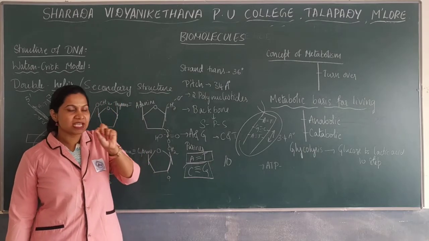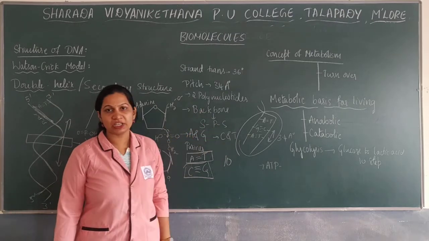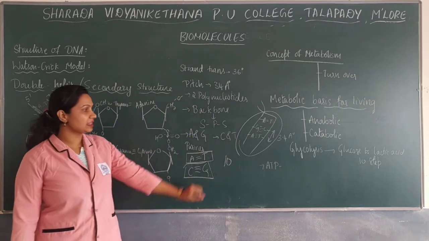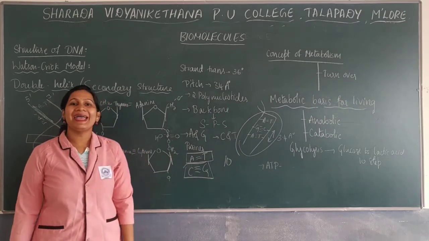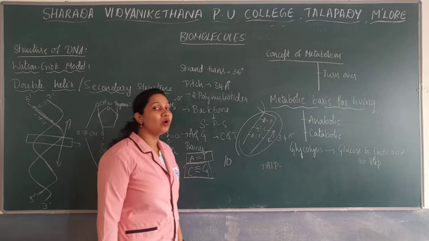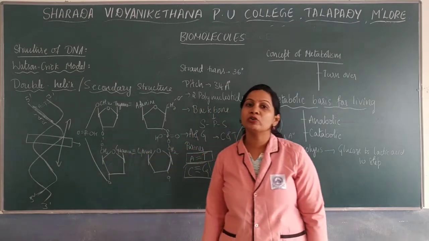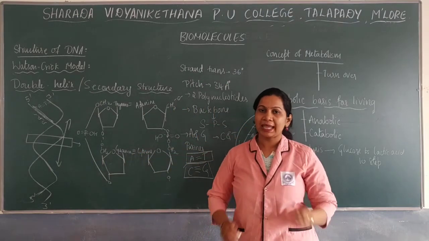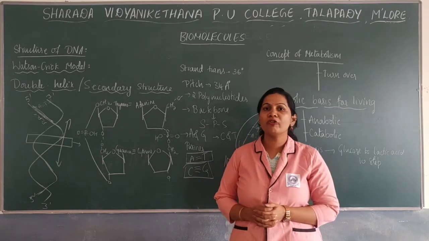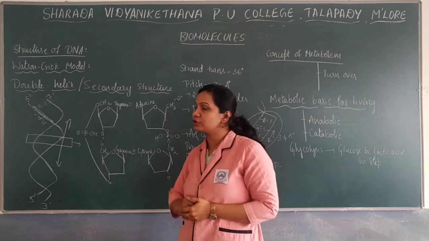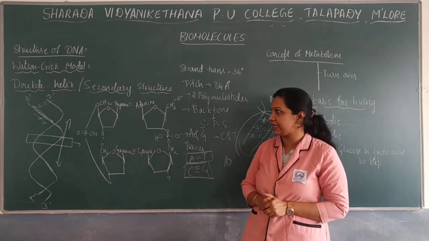The steps are represented by the nitrogen bases. The amount of purines is always equal to the amount of pyrimidines. So that is regarding the structure of DNA.